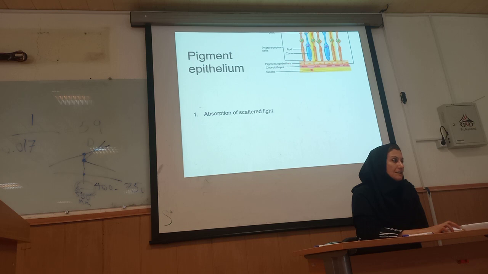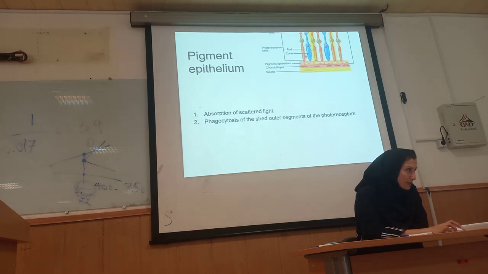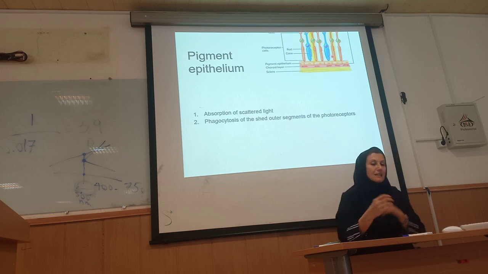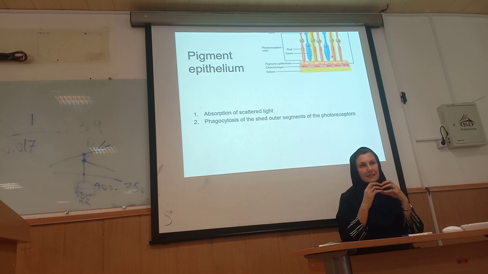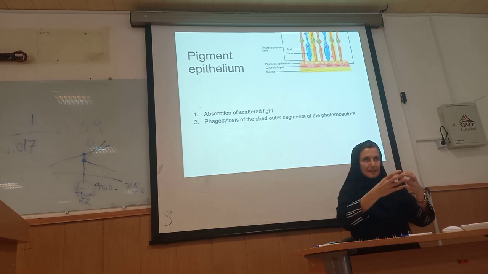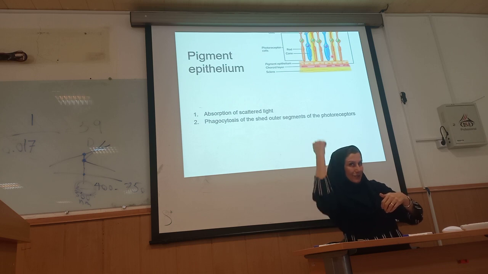Another function of pigment epithelium is that they have this power of phagocytosis. They shed outer segments of the photoreceptors. Pay attention. This part, the outer segment of each photoreceptor, changes a lot. I mean a lot of producing something that responds to light.